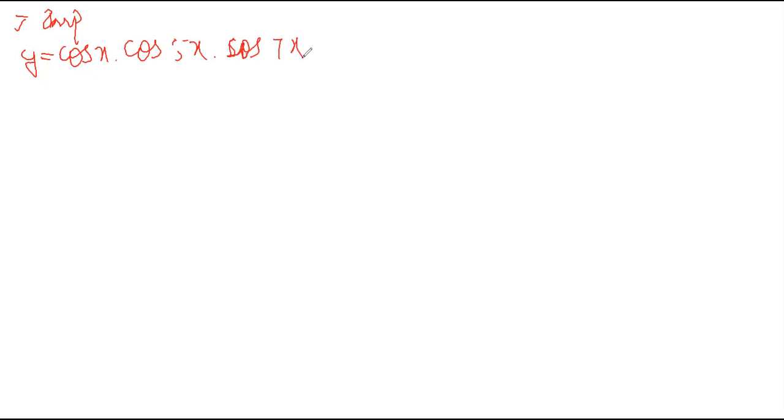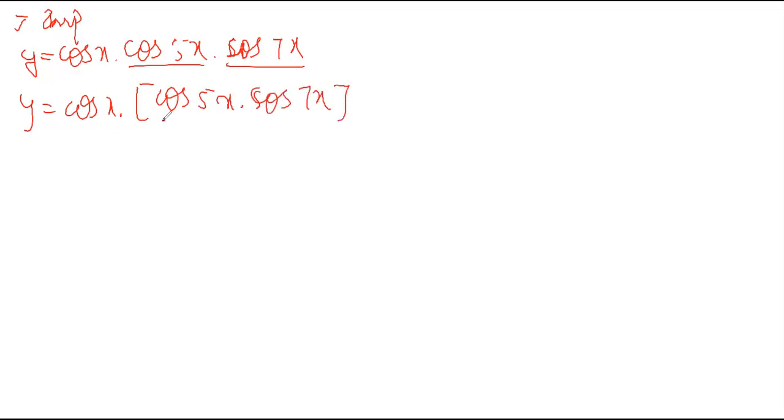First, y is equal to cos x into cos 5x into cos 7x, we take. After that, take cos x as it is. Then here cos 5x, cos 7x is there. That's why you apply the cos a cos b formula here: cos of 5x into cos of 7x. Here cos a, here cos b. You know that one?